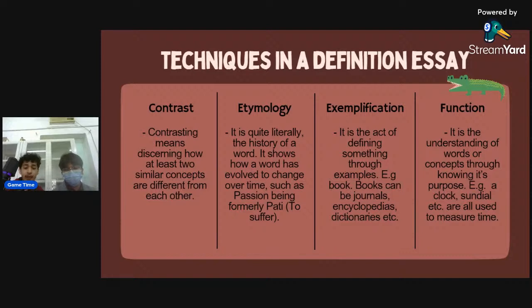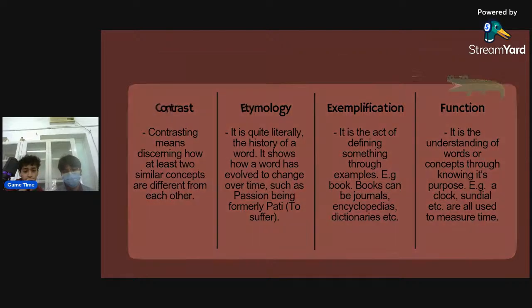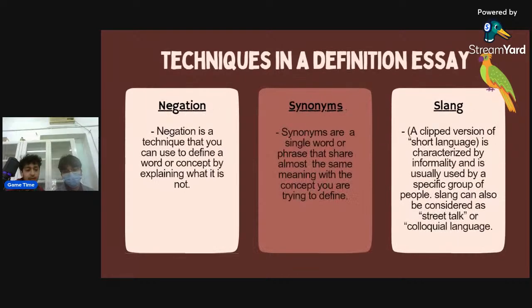Exemplification is defining through examples, like food is good for you, food is pizza, food is ice cream. Function is what the word is used for, like you can say a piano can only be used to play music or to compose music. And then negation is the opposite of exemplification.